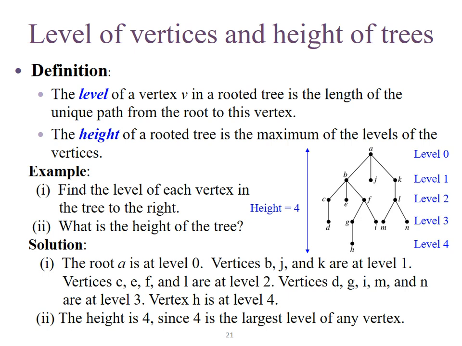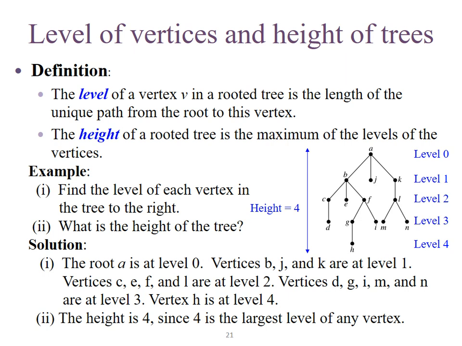The level of a vertex v in a rooted tree is the length of the unique path from the root to this vertex. So you need to discover this unique path, and then calculate the length of the path. That will be the level of a given vertex v.